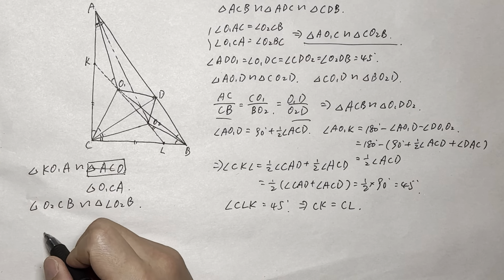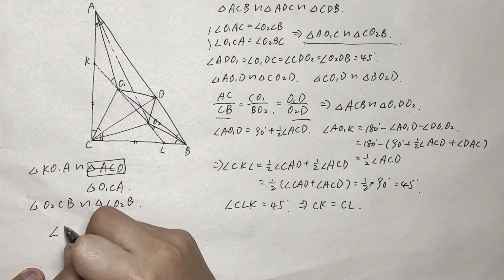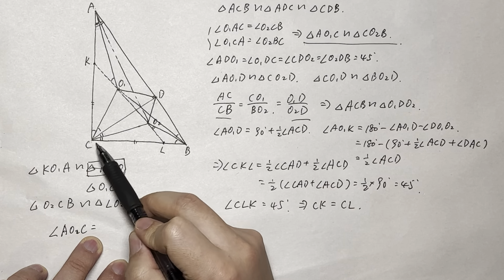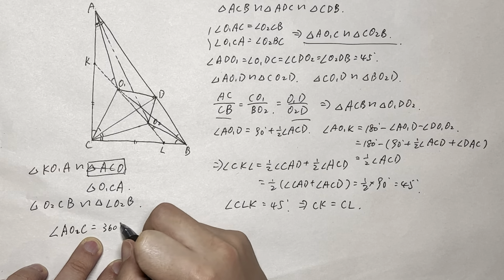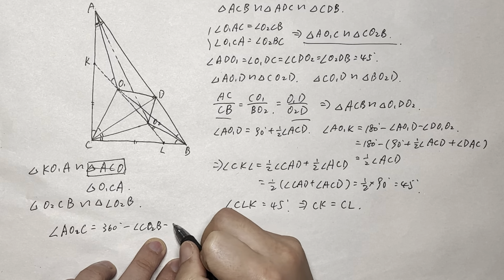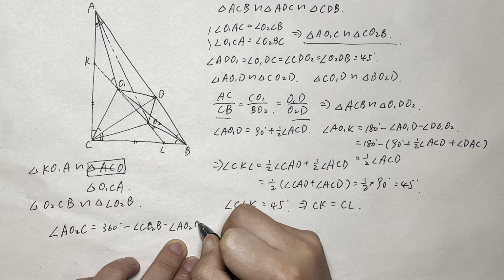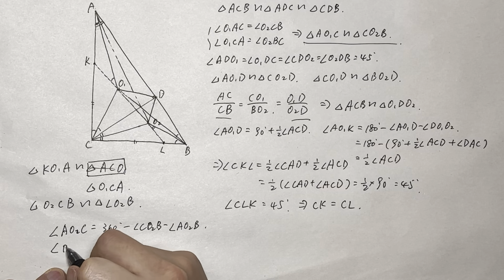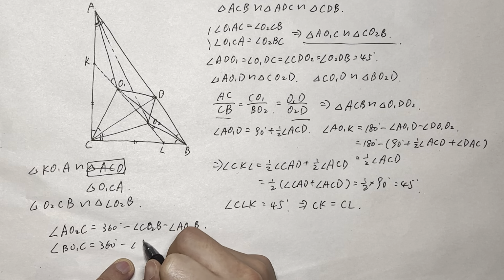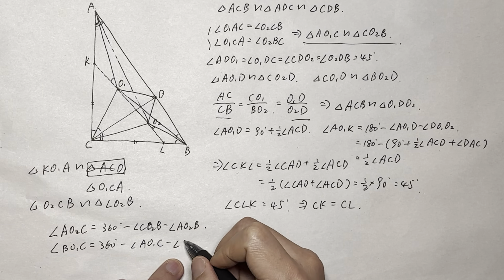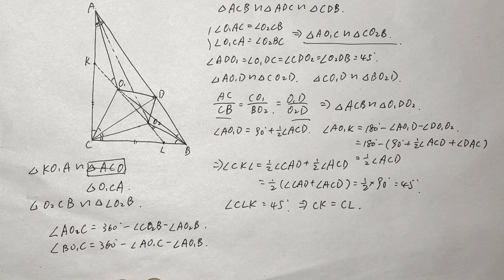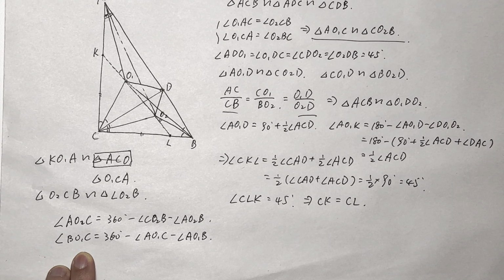We know that angle AO2C equals to 360 minus angle CO2B minus angle AO2B, right? And angle BO1C equals to 360 minus angle AO1C minus angle AO1B, right?